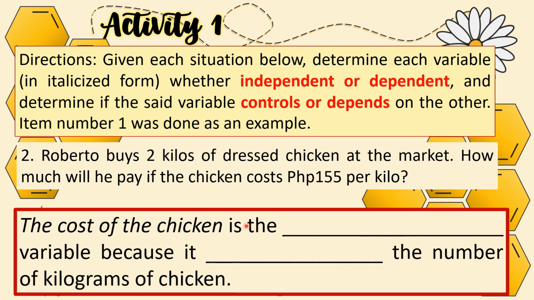The cost of the chicken is the dependent variable because it depends on the number of kilograms of chicken. So, ang presyo or ang bayaran is dependent siya kay nagdepende man siya kung pila ka kilo ang chicken.